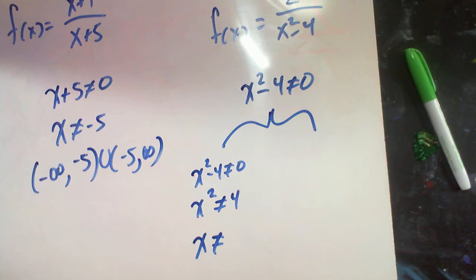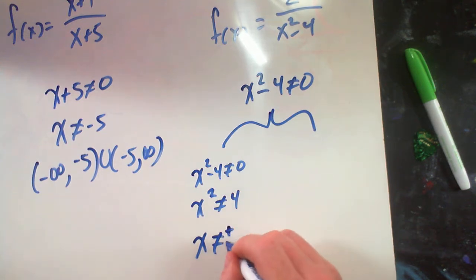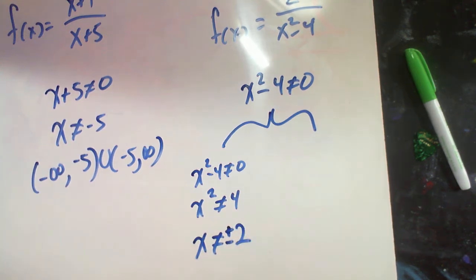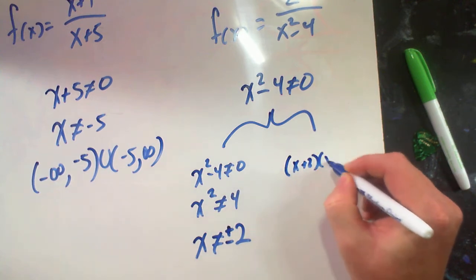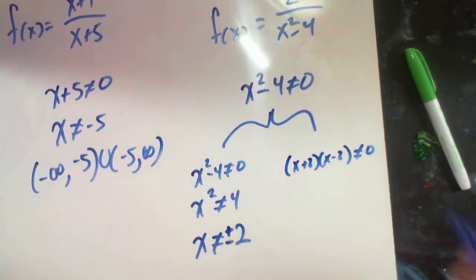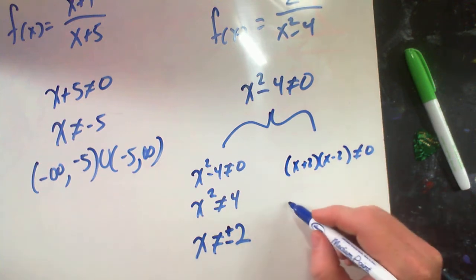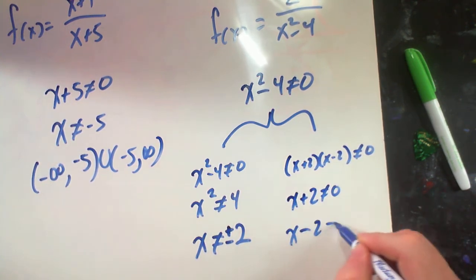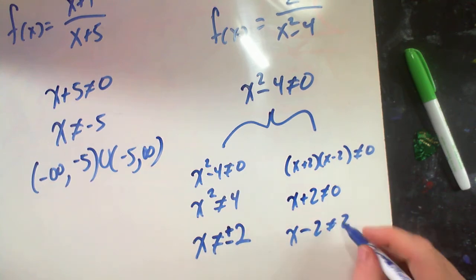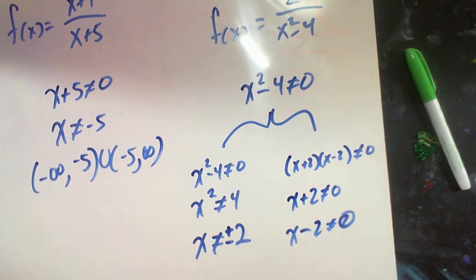Remember, when you take the square root of something squared, you get plus or minus. The other way, if you watched earlier in this video, this is a difference of two squares, so that would factor to x plus 2 times x minus 2 not equal to 0. Setting each one of those not equal to 0 separately, we get the same answer: x cannot equal 2 or negative 2.